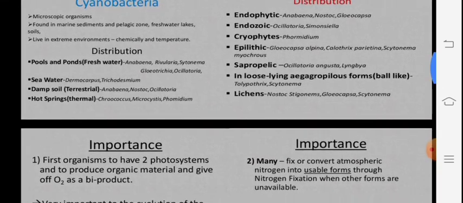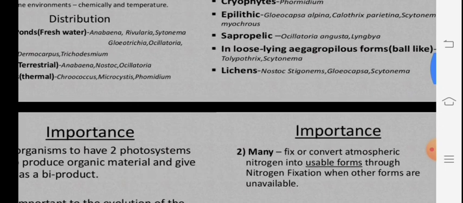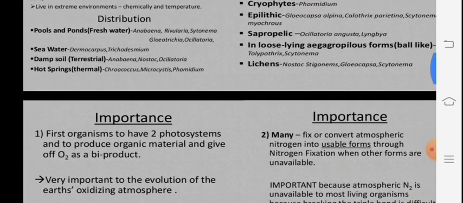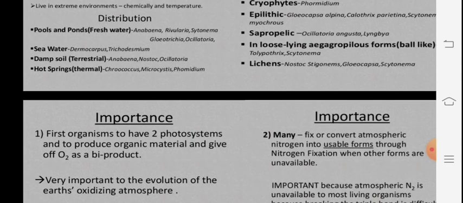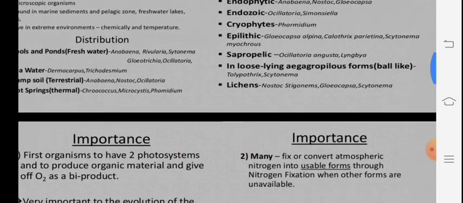We are going to observe the photographs of each one. Then in seawater: Dermocarpa, Trichodesmium; in damp soil: Anabaena, Nostoc, Oscillatoria. Hot springs, they are also reported as thermal: Synechococcus, Microcystis, Phormidium.